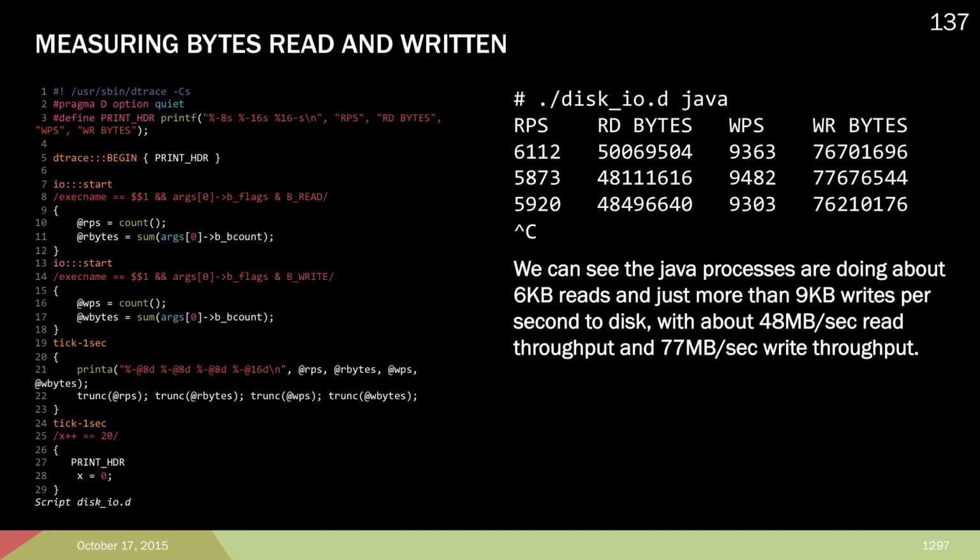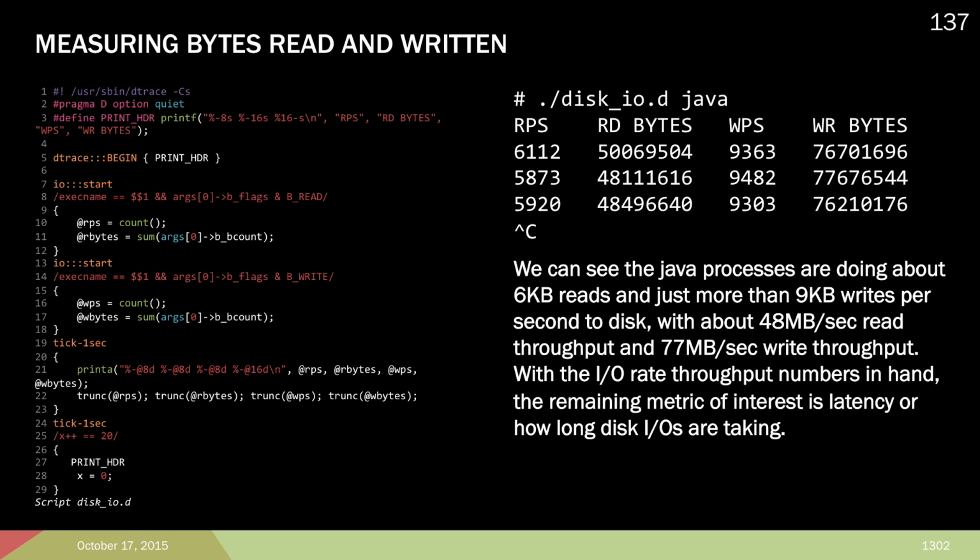We can see Java processes are doing about 6 kilobyte reads, just more than the 9 kilobyte writes per second per disk, with about 48 megabytes per second of read throughput and 77 megabytes per second of write throughput.